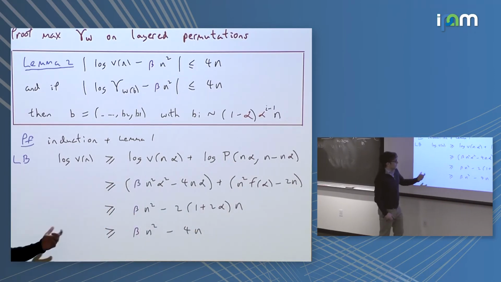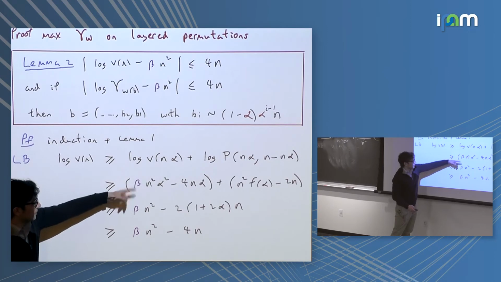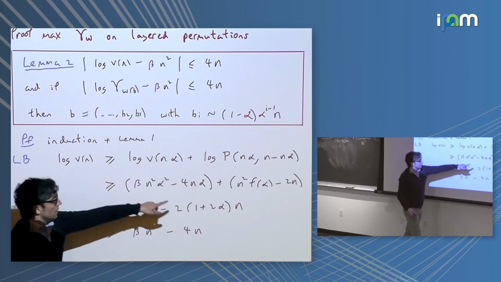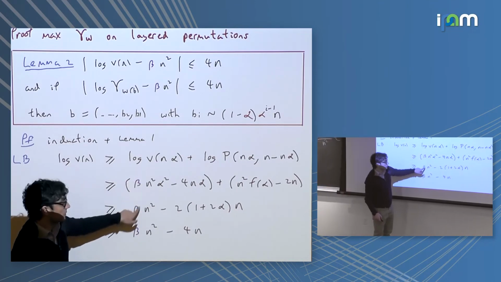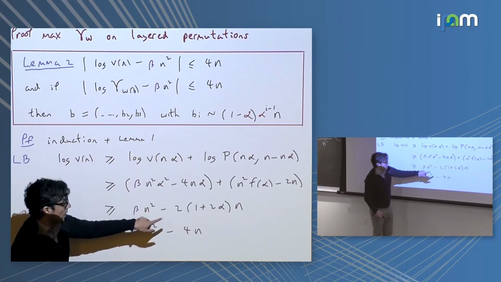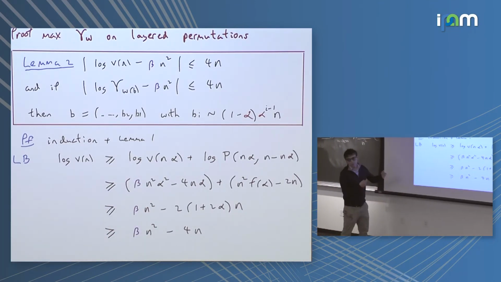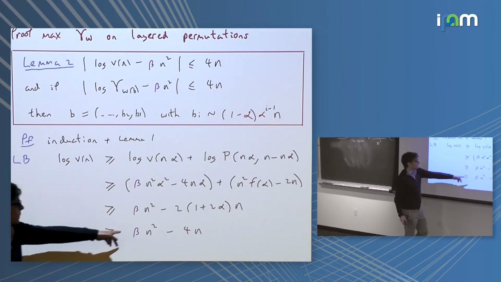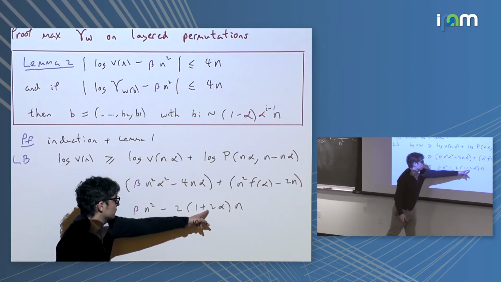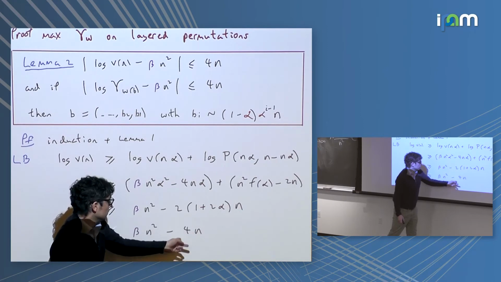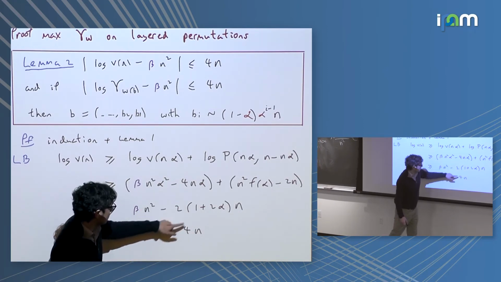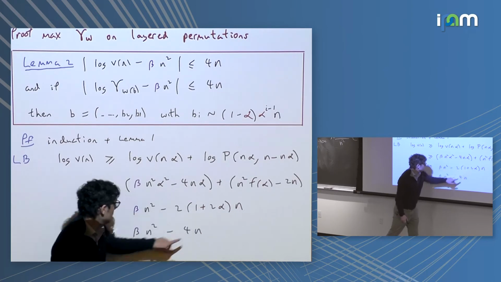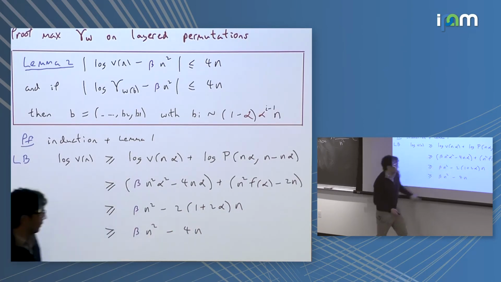And we also now use the fact that beta has this property that f(x) plus beta x squared is beta, so we get beta. And I told you that alpha was 0.4 something, so in particular it's less than a half. So this 1 plus 2 alpha is at most 2. So we get the lower bound we want.